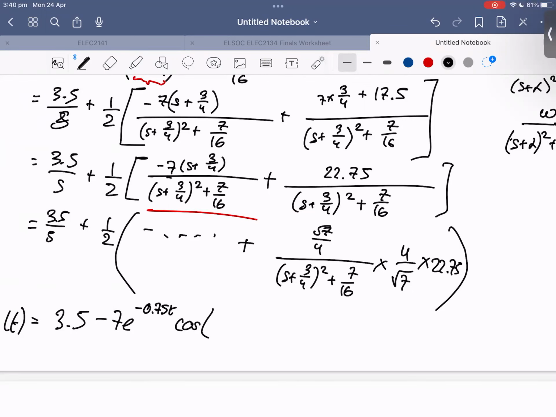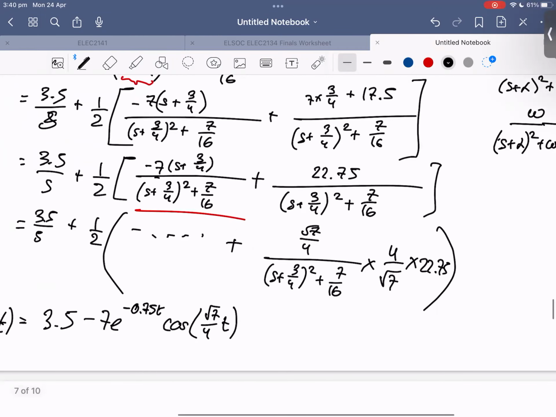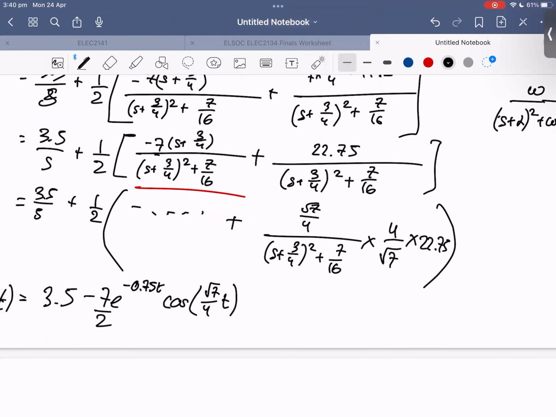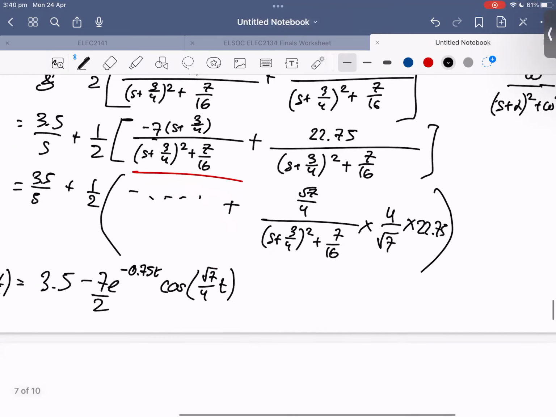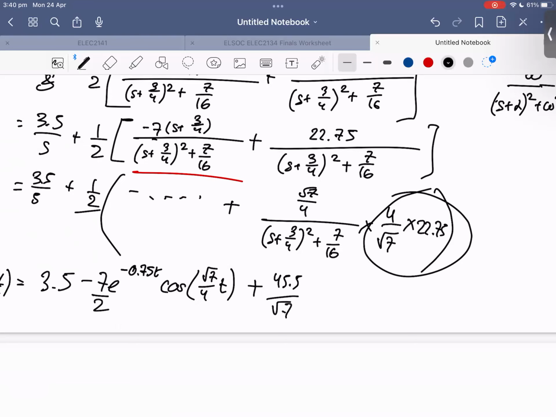And then I've got cos of root 7 on 4 t, because that's my omega. And there's a half at the front, so 7 on 2. And then I've got plus this thing divided by 2. So 2 times 22.75, so 45.5 divided by root 7. Oh, hang on, sorry. I've timesed it by 2. I should divide it by 2.